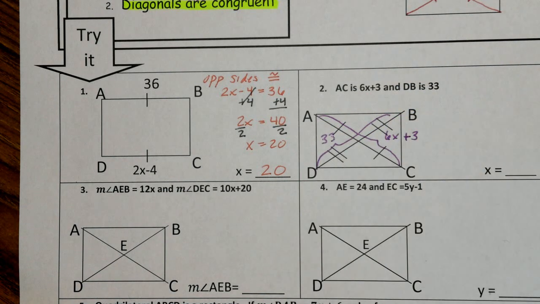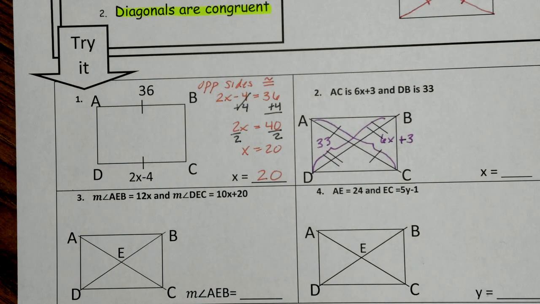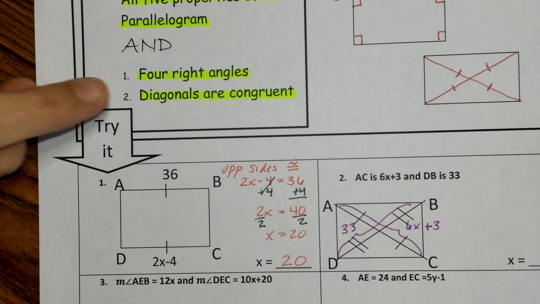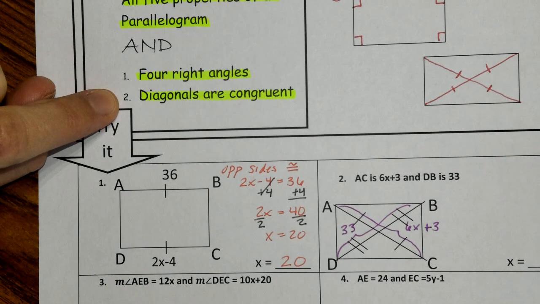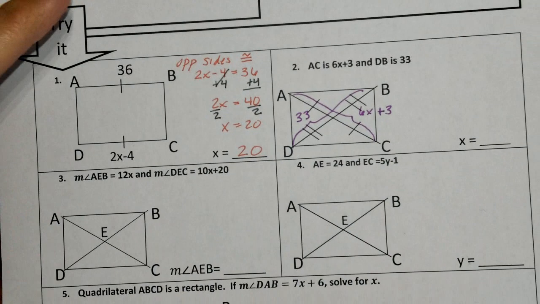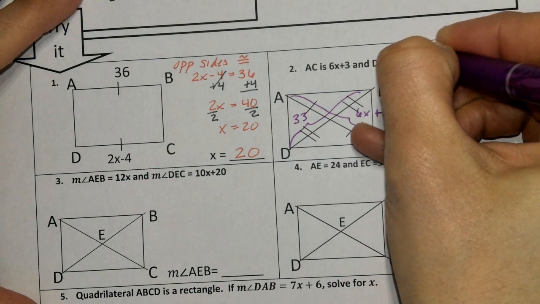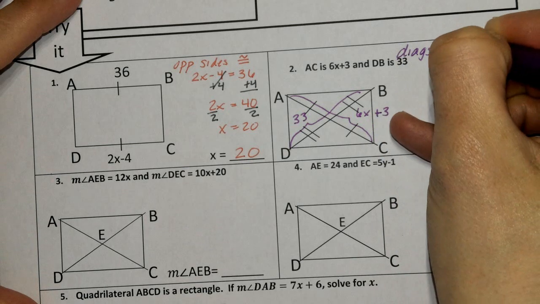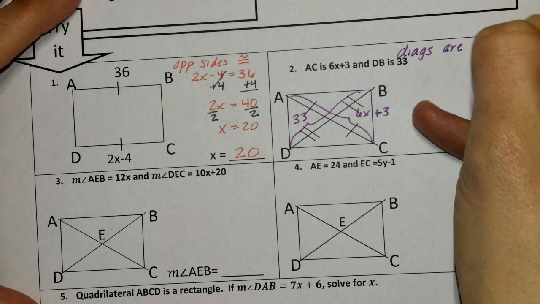So we're looking at the diagonals, and so let's think about what our diagonal properties are. We know from the parallelogram section of it, they are bisected. But now one of our new properties here is our diagonals are also congruent. So again, diagonals are congruent. Their measurements are equal. So here we'll go ahead and write in the diags are congruent.